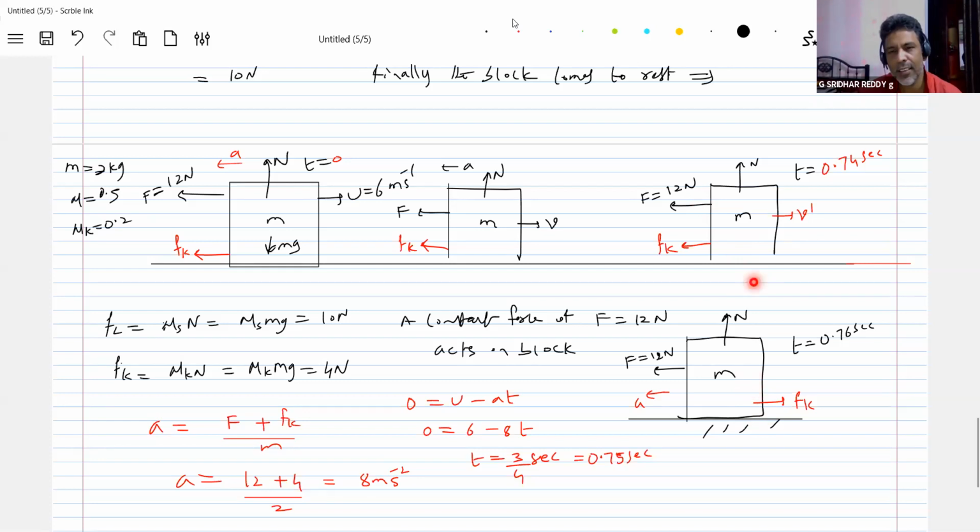Got the idea? The kinetic friction will become zero. Then what will happen? Then the 12 Newton force is acting, so the applied force is greater than the limiting friction. The block starts moving. So there will be relative motion, then kinetic friction will come. But what about any static? Suddenly it cannot be kinetic. But practically we do neglect that static friction acting for a small duration because the time interval will be 0.00001 second.